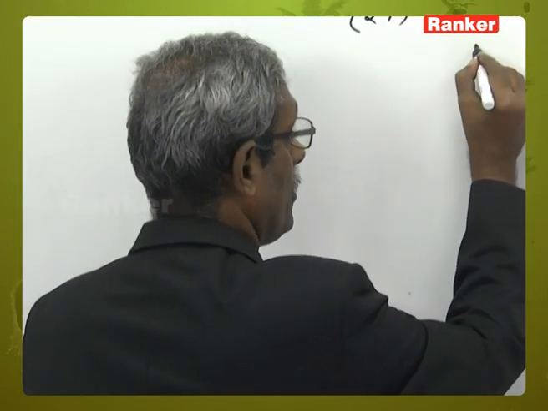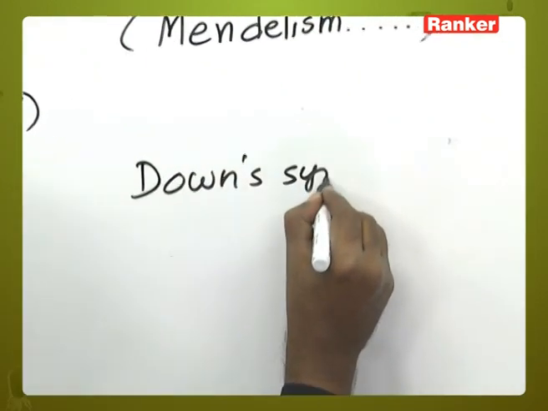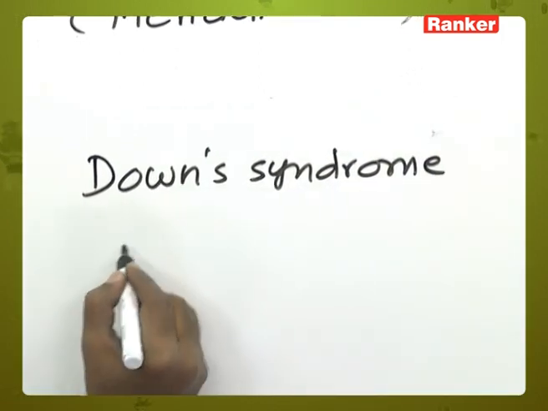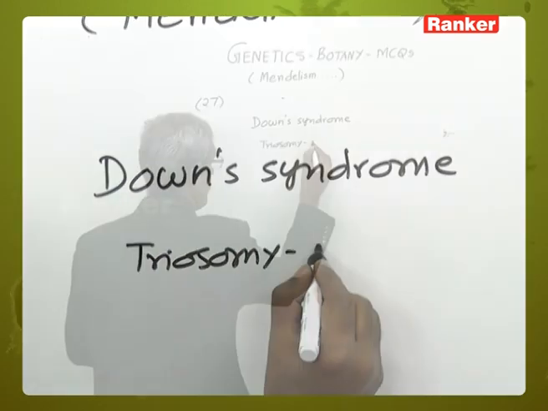Now we have the situation of a Down syndrome. And in Down syndrome, it is trisomy 21.